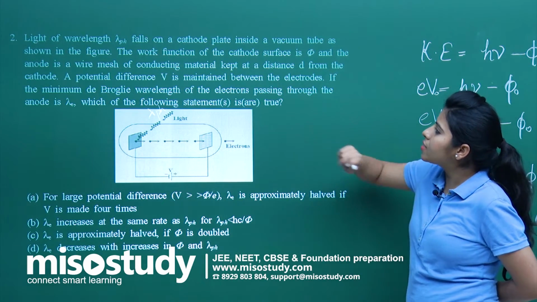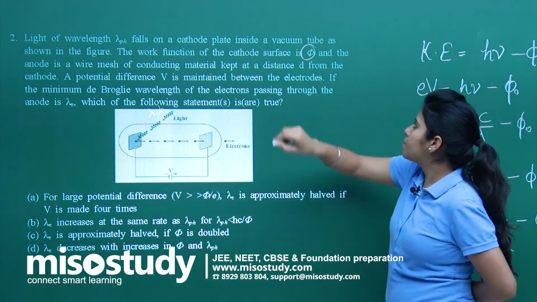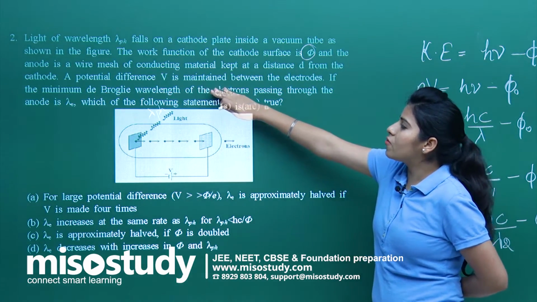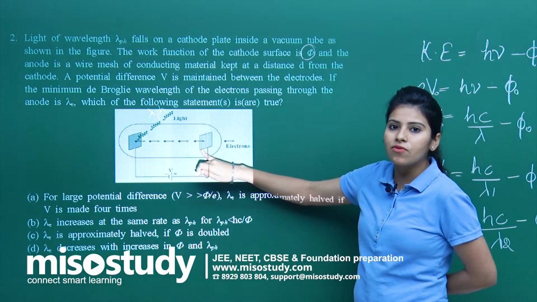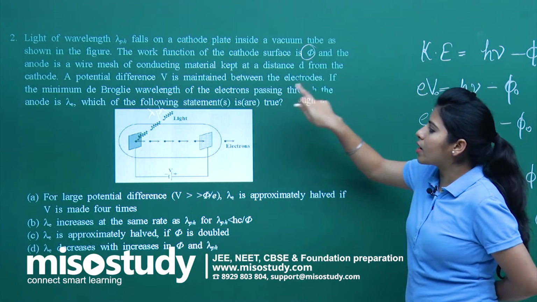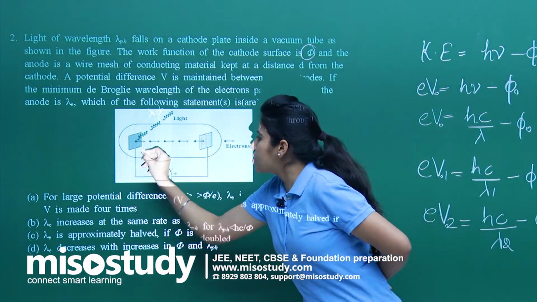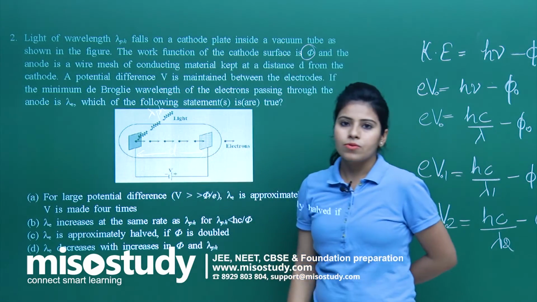Now further, the work function of the cathode surface is phi, and the anode is a wire mesh of a conducting material. This is the anode, and this is a wire mesh kept at a distance d from the cathode. Suppose this is a distance d. Right?